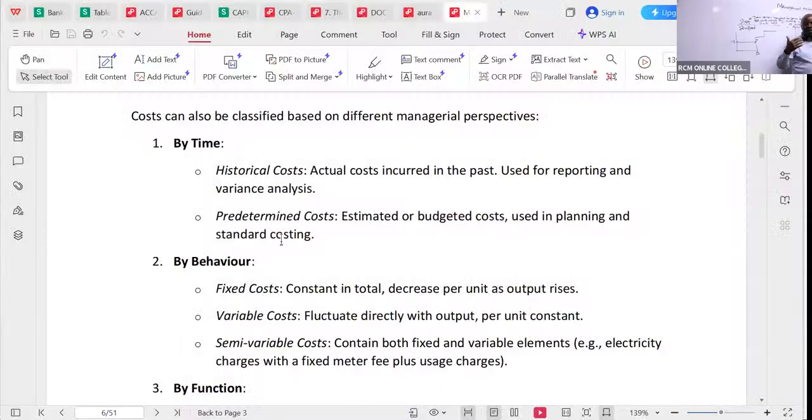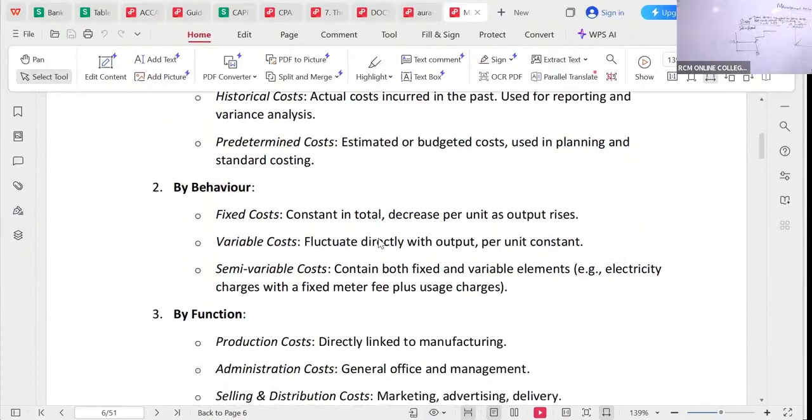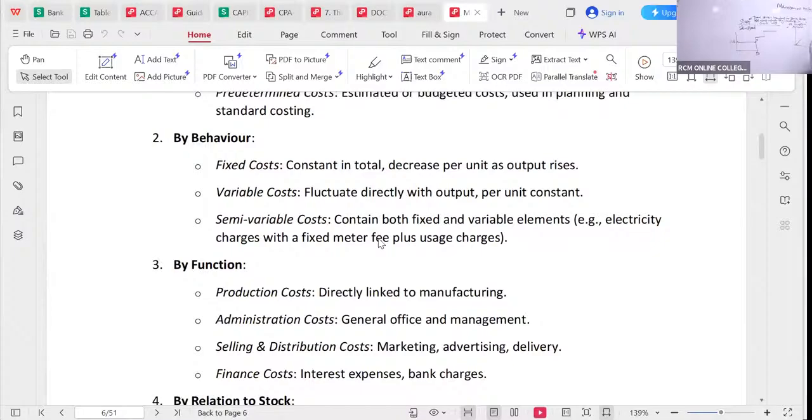Then we have by functions, management functions. You know, like how we do administration. Those are functions of management, isn't it? Functions of a company. So we have administration, we have distribution costs, we have finance costs by function. So by function, manufacturing costs, I love this. So by function, we have production or manufacturing costs.